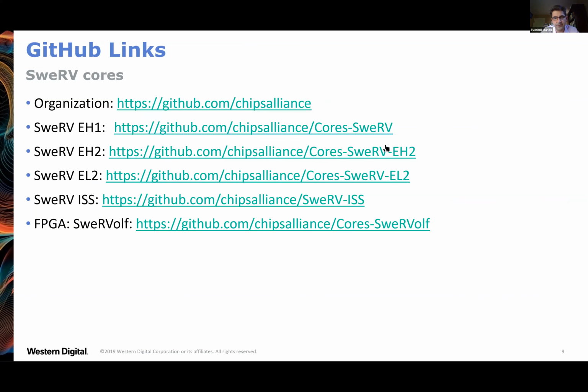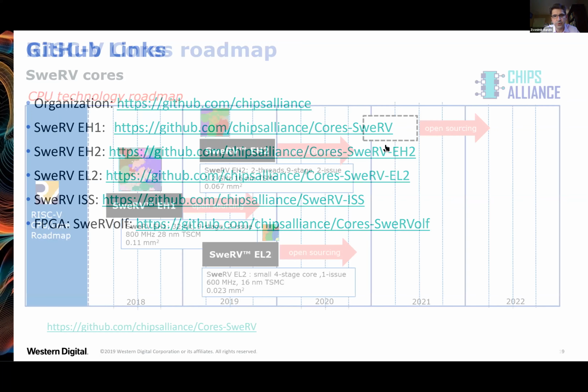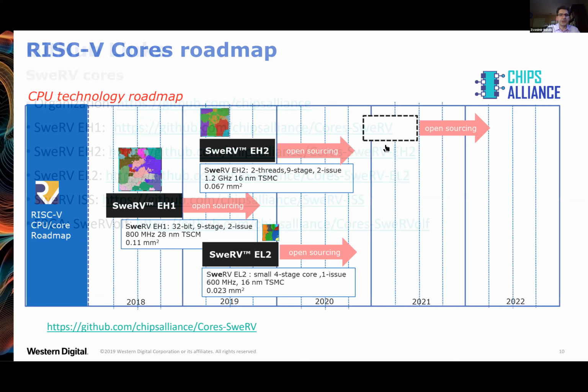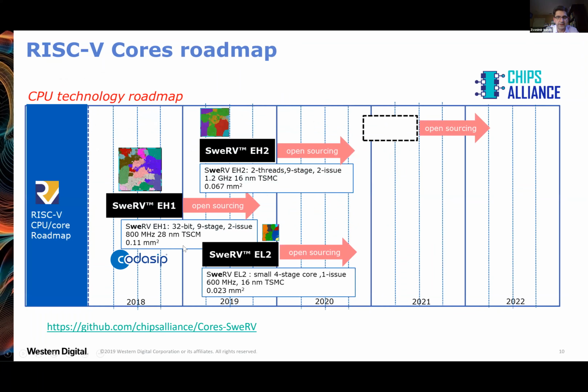And then a little bit of detail before Robert takes over. In our first generation core, we focused on 28 nanometer TSMC technology, and we released SweRV EH1. That was a superscalar 9-stage high performance dual issue core. In the second generation, we created SweRV EH2, which is an upgrade of EH1.